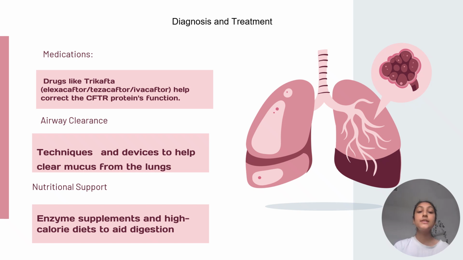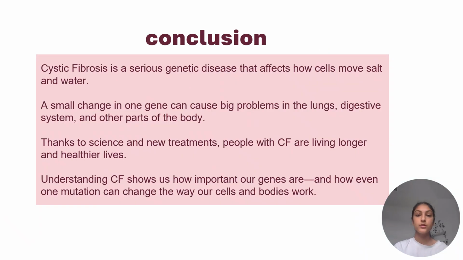Airway clearance techniques and devices help clear mucus from the lungs. Lung transplant in some cases. Chest physiotherapy to loosen mucus, or maybe use the drugs to help faulty protein work. Let's move on to another one.